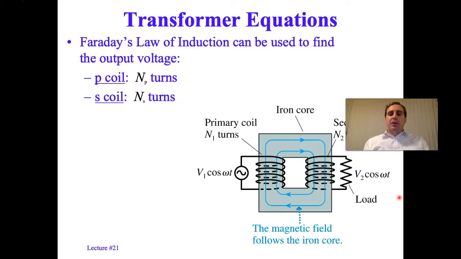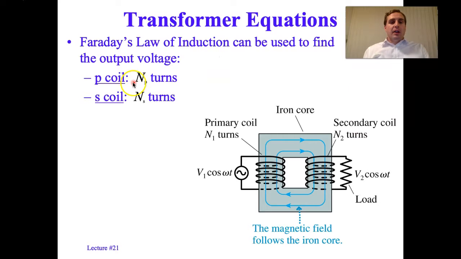Let's have a look briefly at the transformer equations. Faraday's law of induction can be used to find the output voltage. Let the primary coil have NP turns, or what's shown here, N1, and let the secondary coil have N2 turns, or NS turns.